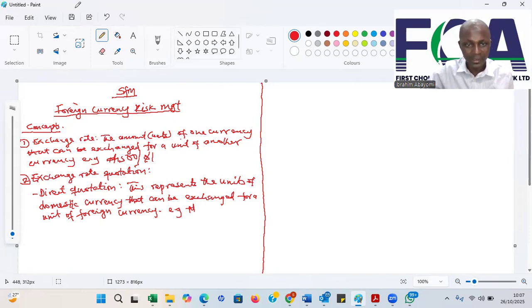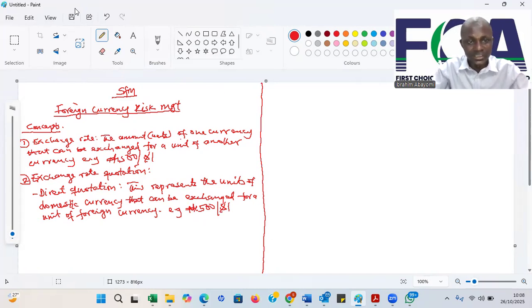E.g., like I gave earlier, 1,500 to $1. Our local currency, for example, if our company is in Nigeria, is the naira. So we have seen that 1,500 is needed to get $1.